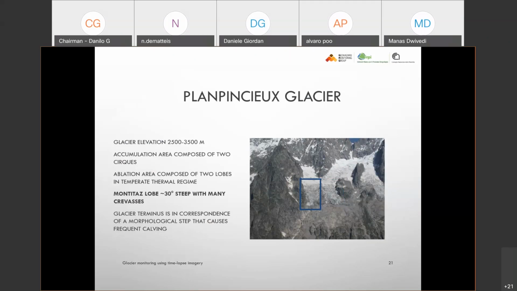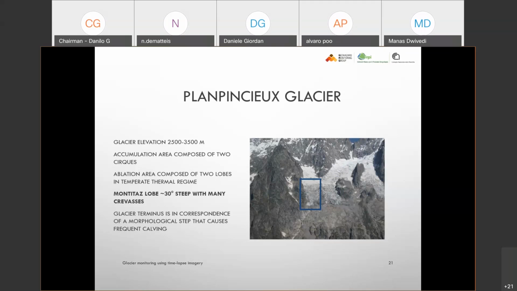The lobe on the orographic right of the ablation area is the Montitaz lobe. It is quite steep, and its surface presents many crevasses.